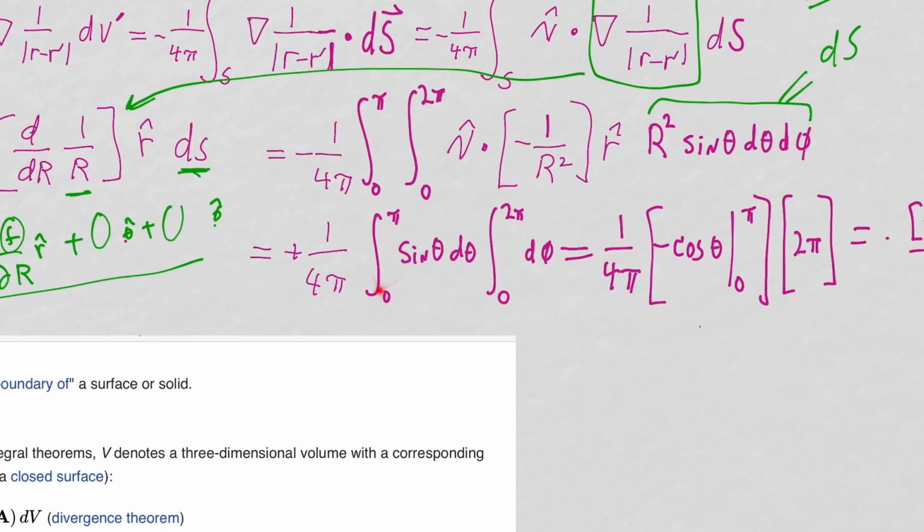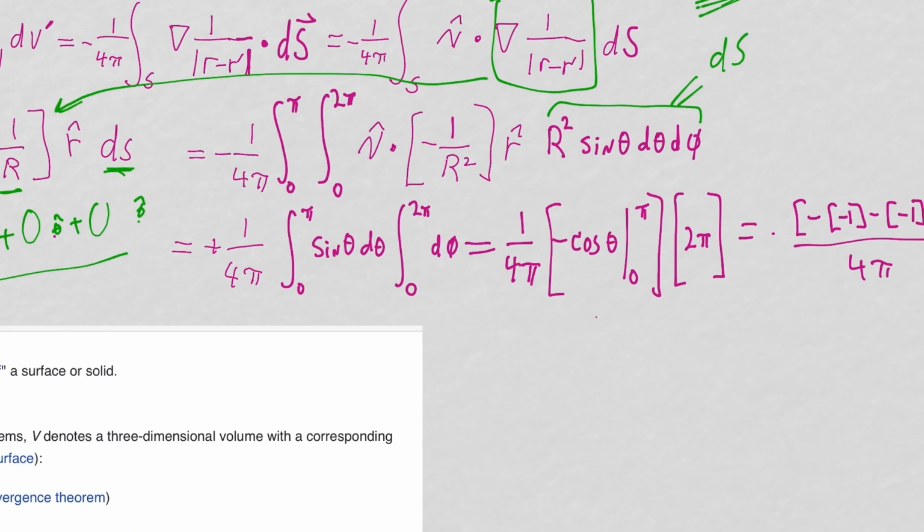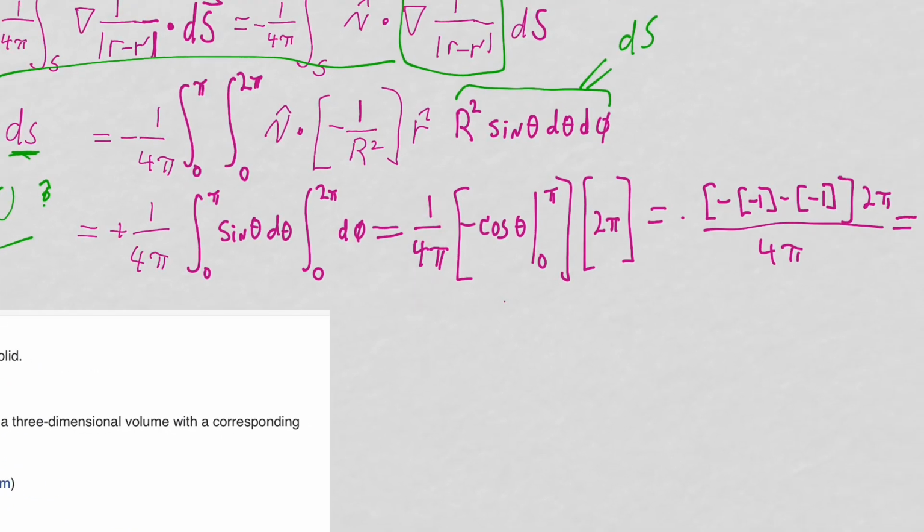Then I split up these integrals: 0 to pi, remember the longitudinal variable goes from 0 to pi, of sine theta d theta, and 0 to 2 pi of d phi. And that's 1 over 4 pi times this integral of sine, which is minus cosine from 0 to pi. And then this definite integral here is clearly just 2 pi.